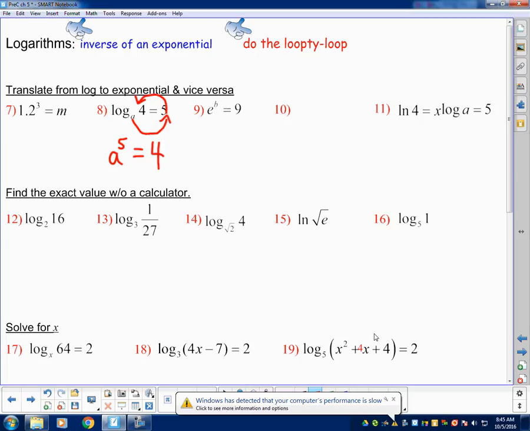So in this case right here, here's an exponential equation. How could we change that into a logarithmic one? Well, the base here is the 1.2.